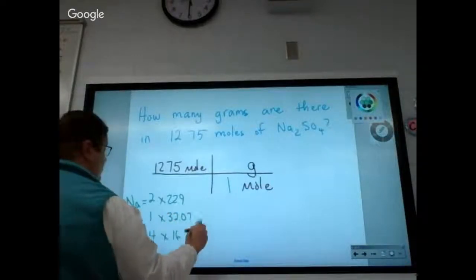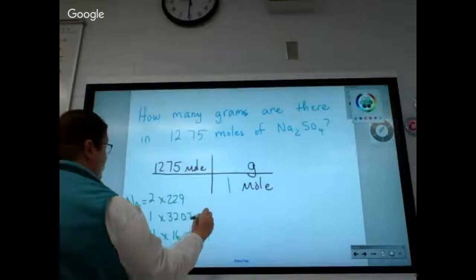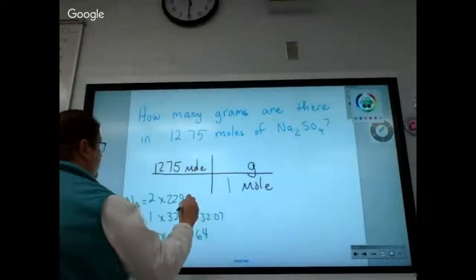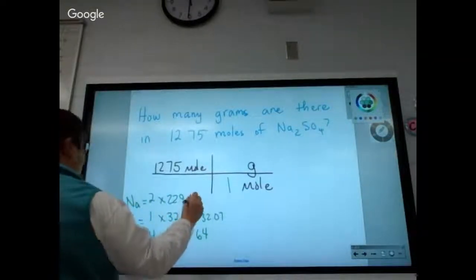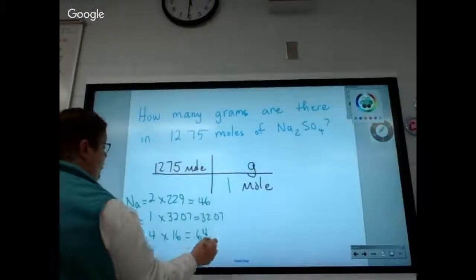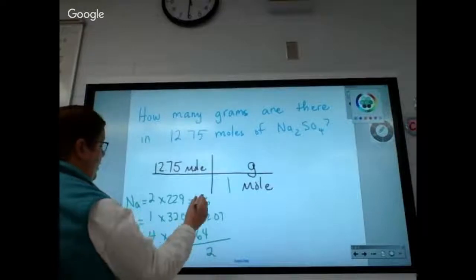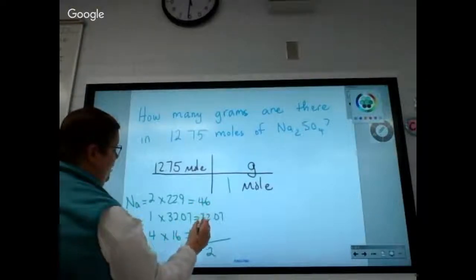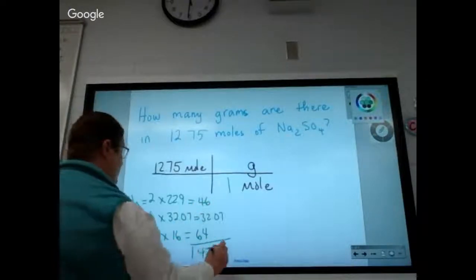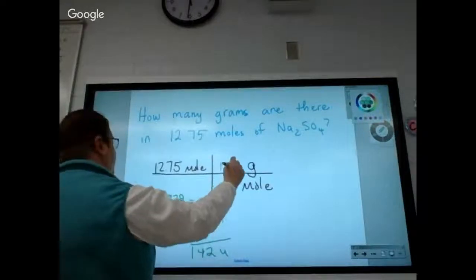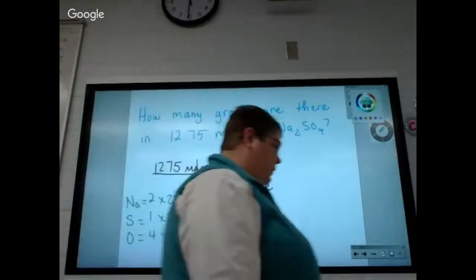So that one's going to be 64. That one's going to be 32.07. That one's going to be 23 times 2, what, 46. I'm not going to use that 0.07 because Miss Wall's lazy. That's going to be a 2. Carry my 1. That's going to be 142 U. 142. I don't have to use a calculator.